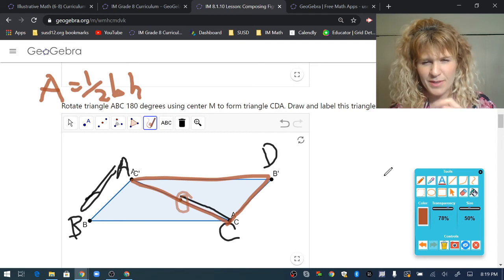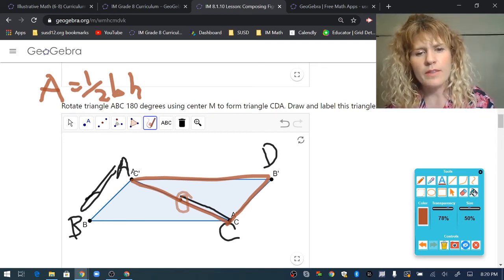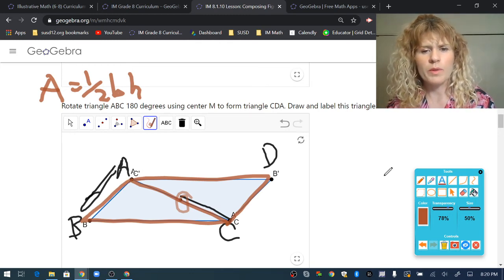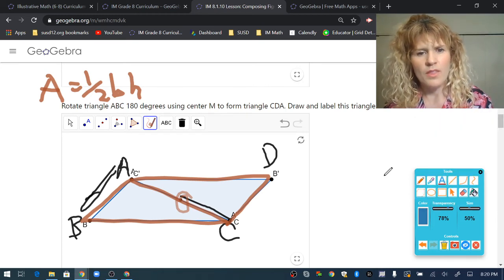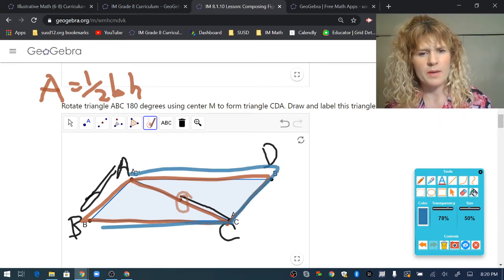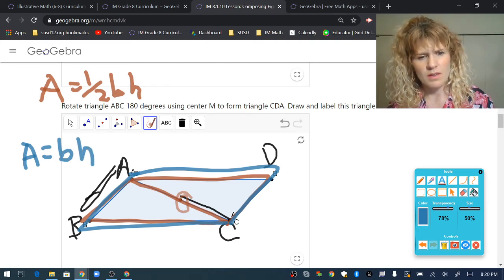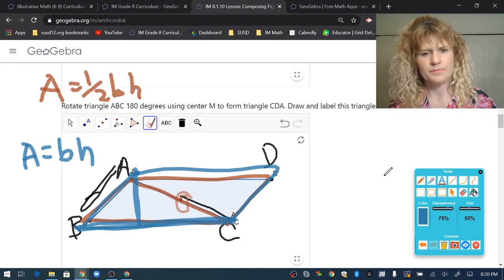But how does this figure help you figure that out? Well, look carefully. There's two triangles, right? So what would be the area of this parallelogram? The whole parallelogram's area is going to equal base times height. Yeah, the base here times the height here.